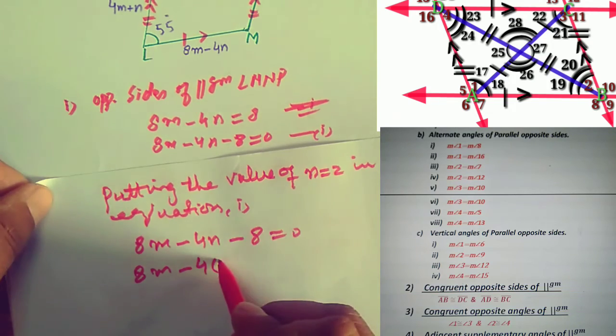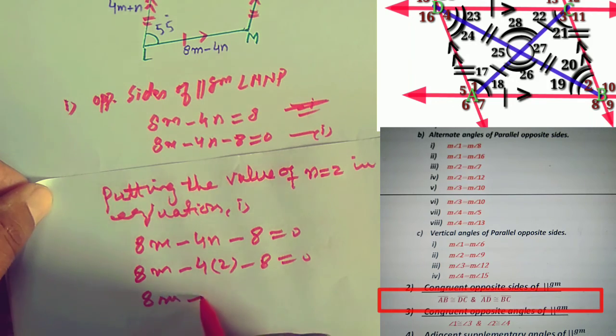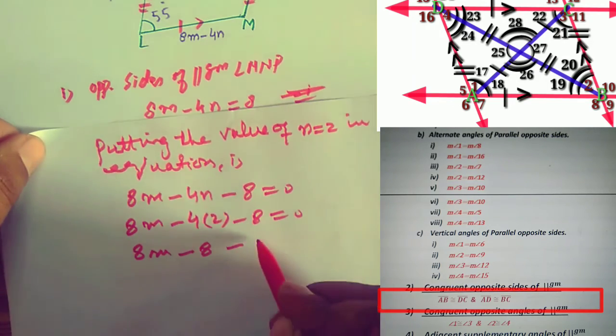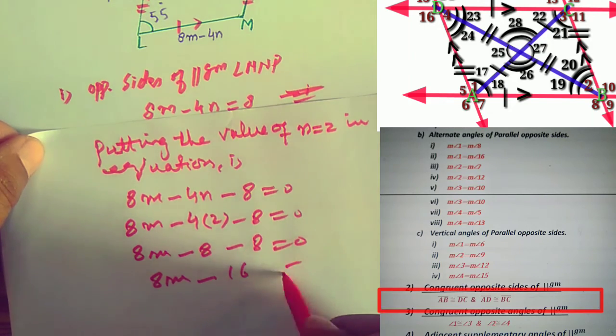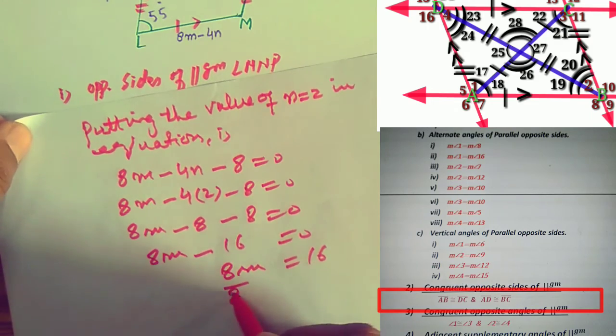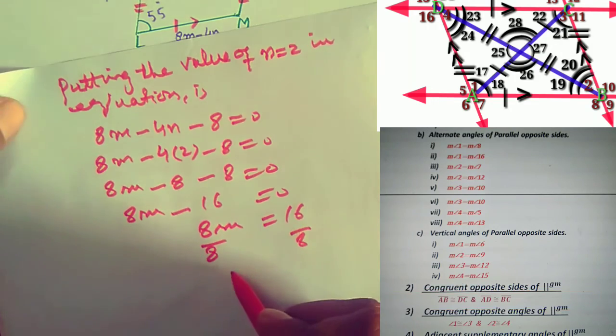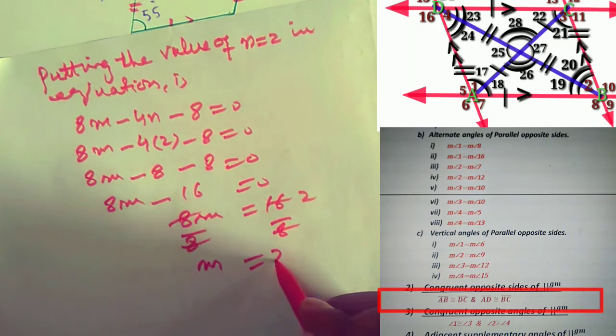Value of n is equal to 2. 8m minus 16 is equal to 0. 8m is equal to 16. Dividing both sides by 8, the value of m is also 2.